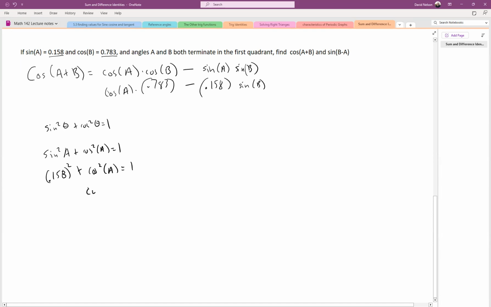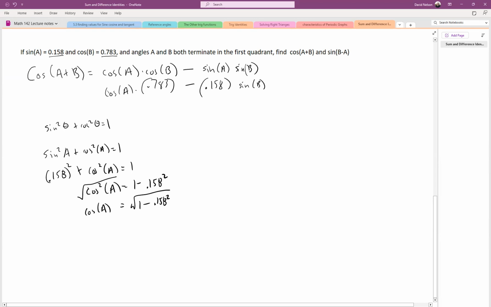And so cosine squared A would equal 1 minus 0.158 squared. I can take the square root there to get cosine of A, which would be the square root of 1 minus 0.158 squared.